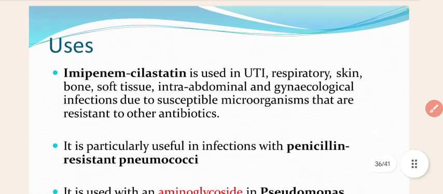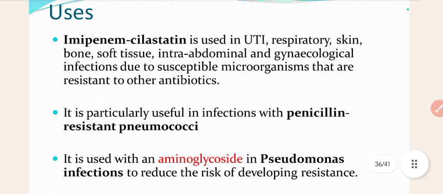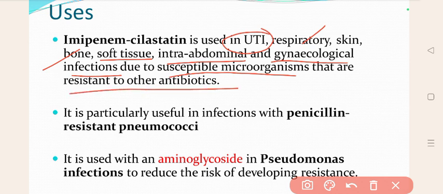So where can we use imipenem-cilastatin? It is used in urinary tract infection, respiratory tract infection, skin and soft tissue infection, bone infection, intra-abdominal and gynecological infection due to susceptible microorganisms that are resistant to other antibiotics.